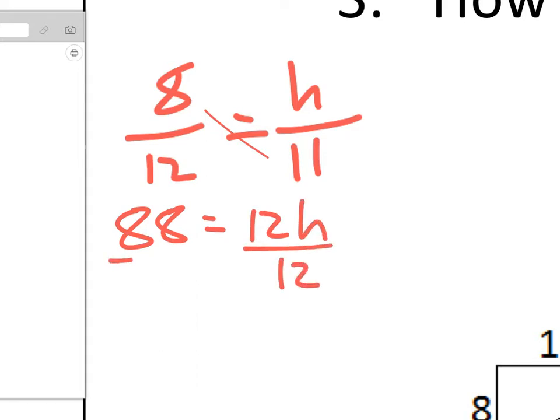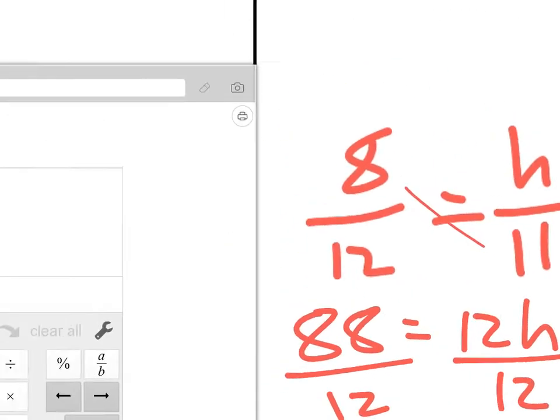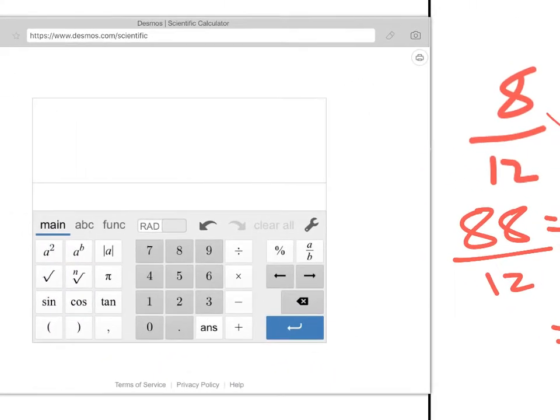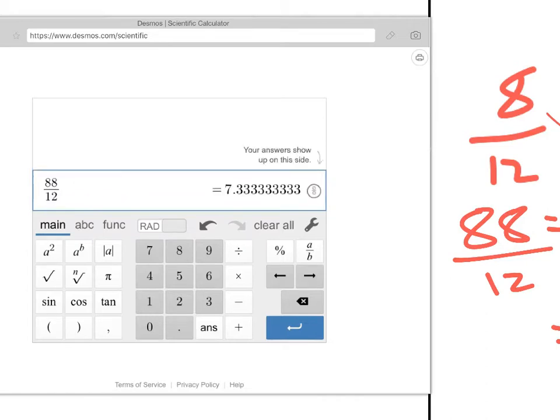Divide by 12. Going to get a decimal here, so let's go on over to decimals. We have 88 divided by 12. So this is just our scientific calculator, desmos.com. Scientific calculator gives us 7.333 feet.